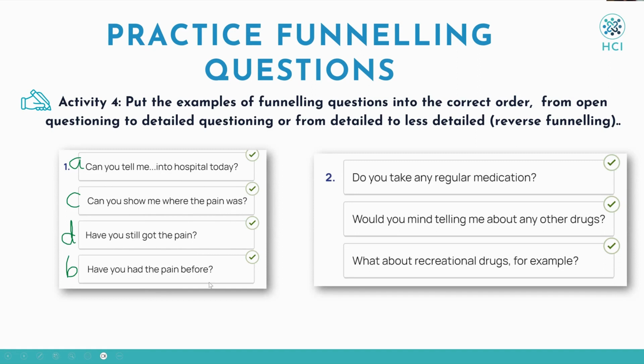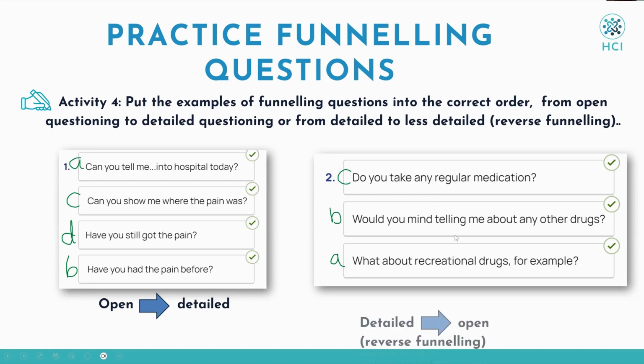recurring pain. For group 2, so here we have open to detailed. So open to detailed are funneling. And then for group 2, again, we have a few different answers. Now, this is our reverse funnel. So we start with a closed question. Do you take any regular medication?